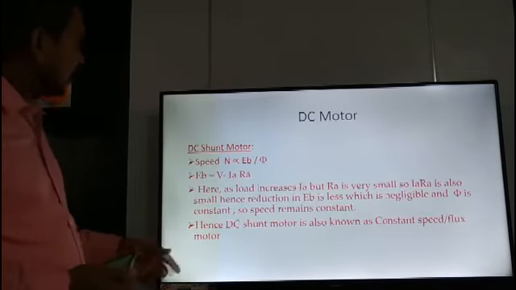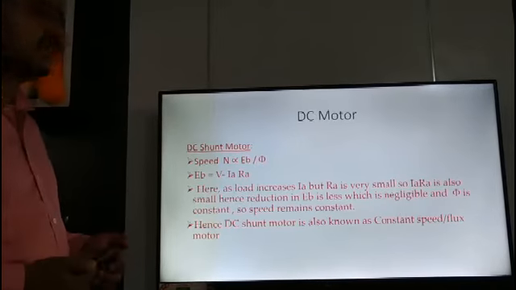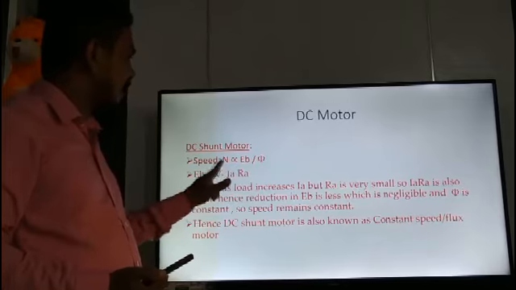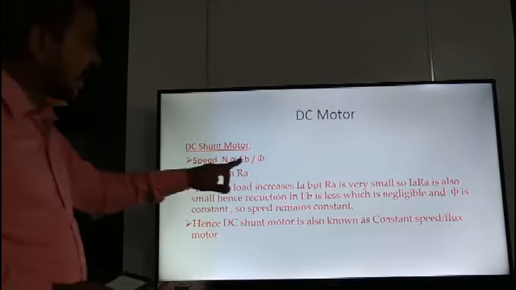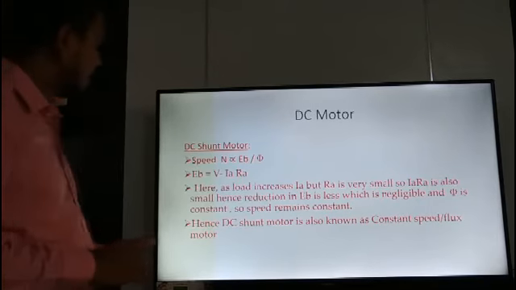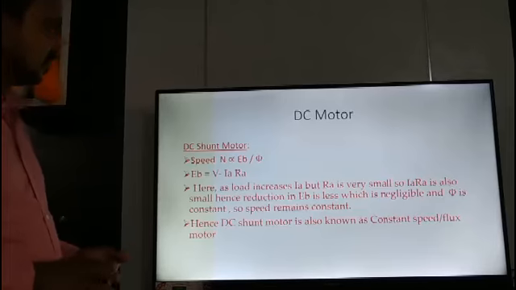Now in a DC shunt motor, the equation of speed is N proportional to EB over phi. So speed depends on back EMF and flux. In other words, speed is directly proportional to back EMF and inversely proportional to flux. The back EMF equation is EB is equal to V minus IA RA.